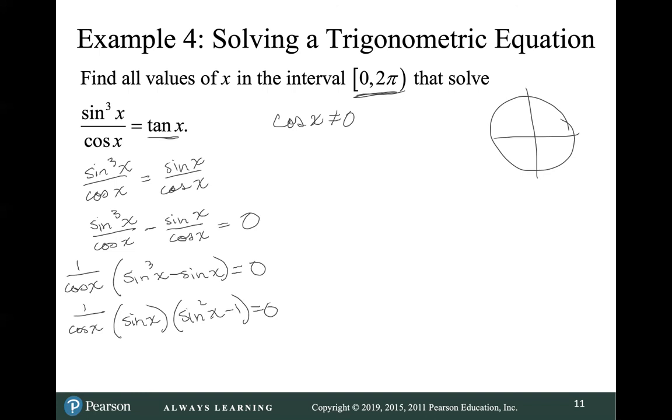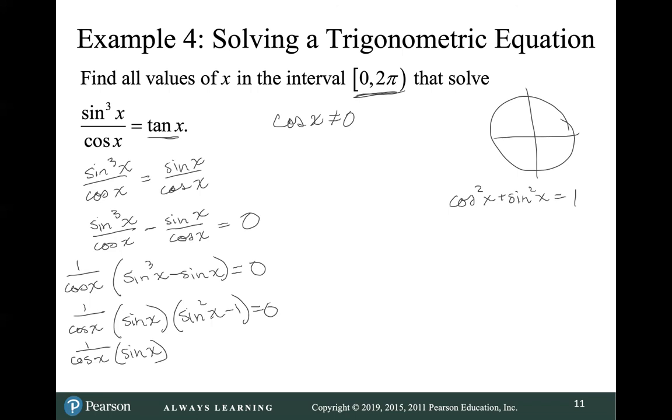Okay, well, 1 divided by cosine of x, can't really simplify that. Sine of x, can't really simplify that. But what about sine squared x minus 1? Remember I said to keep your eye out for 1s. Well, we know that cosine squared x plus sine squared x equals 1.